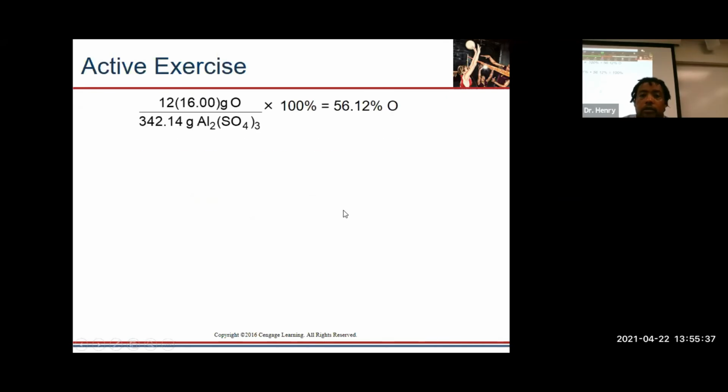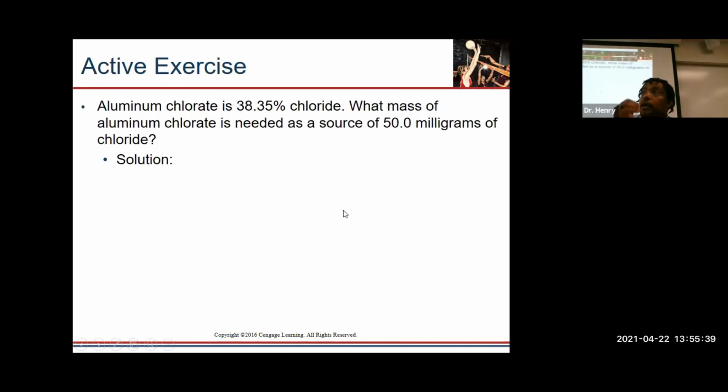Okay, let's see. Aluminum chlorate is 38.35% chloride. What mass of aluminum chlorate is needed as a source of 50.0 milligrams of chloride?